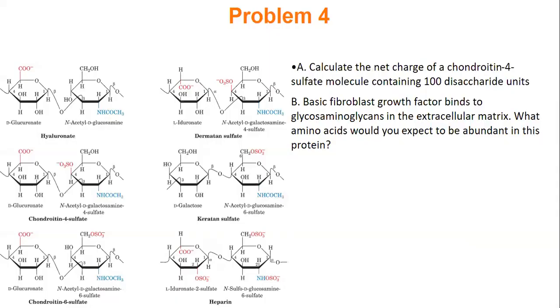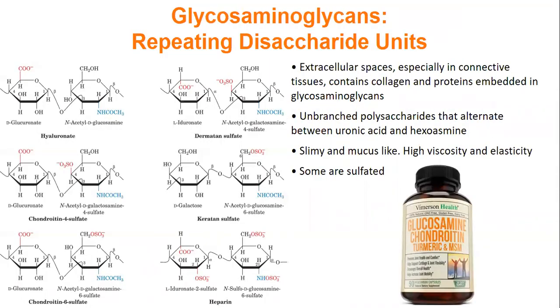Now, the last thing we're going to talk about today are glycosaminoglycans. Let's break down what this word actually means. Glyco usually means sugar or glucose. Amino, well, that's like nitrogens.